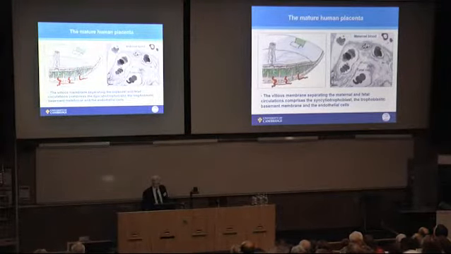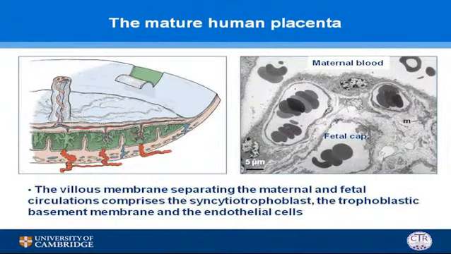And this is just a cross-section of one of those villi, just to show you the relationship between the maternal blood here, the fetal blood in the capillaries, and at points on the villus surface, the barrier between the two is reduced to about 2 to 3 micrometers, 2 to 3 thousandths of a millimeter. So this is somewhat similar to the alveolus of a lung, and you might think in terms of diffusional exchange between the mother and the fetus occurring across this membrane.